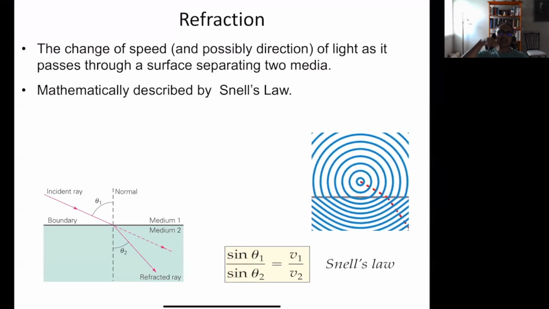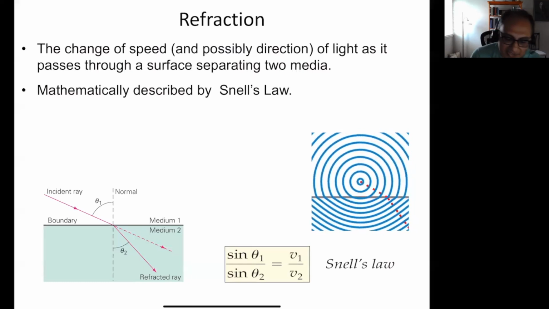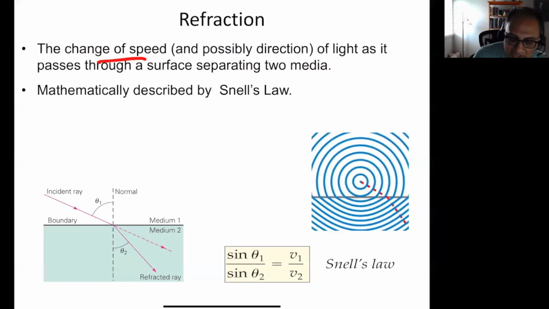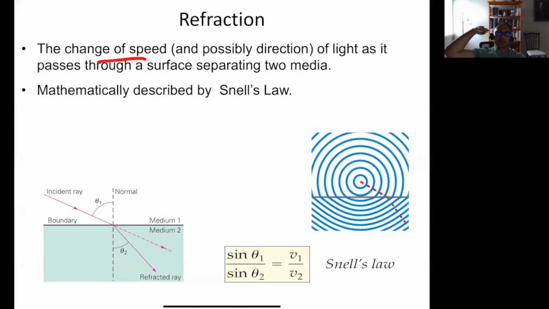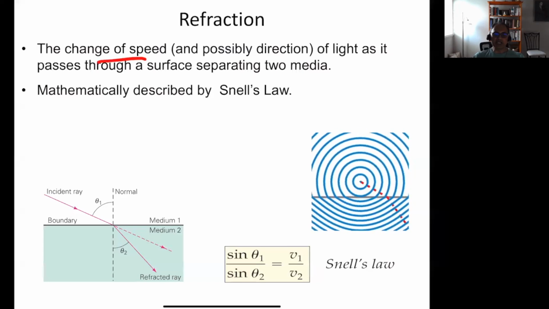But as it travels in different transparent media like glass or water, its speed is a little bit lower, right? Not that much lower, but somewhat lower. This change in speed causes a change in direction. So in general, when light goes from one medium to another, its speed and direction both change. That phenomenon is called refraction.